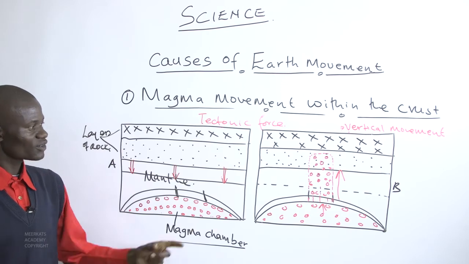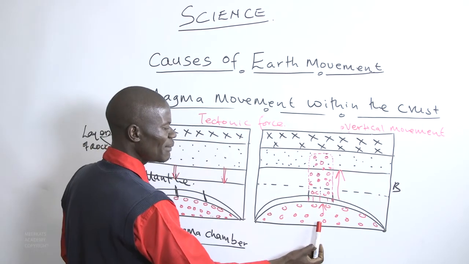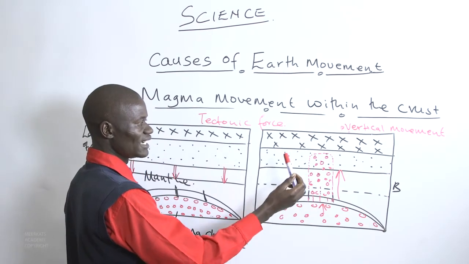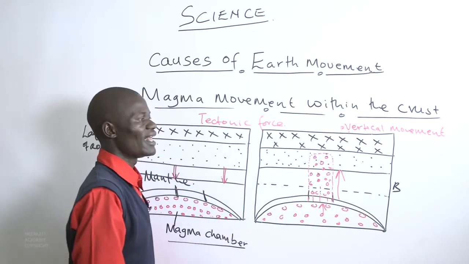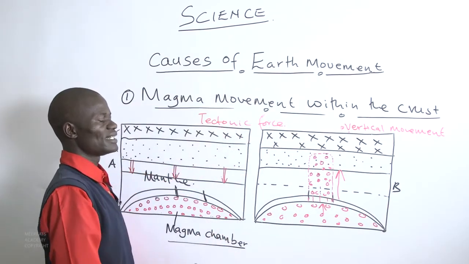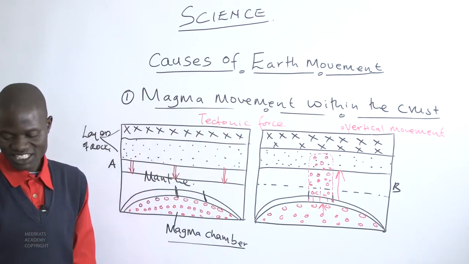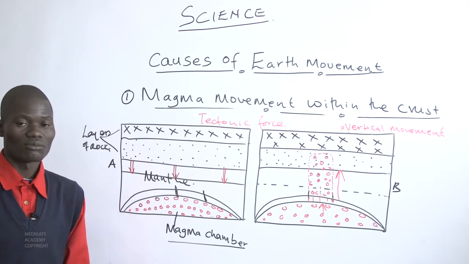And as a result of this, what will happen? Because magma is still forcing itself into the crustal layers, it is going to cause some of these crustal rocks to wobble. As they wobble up, they are going to be uplifted in some regions, and that will be the result of the vertical movement.